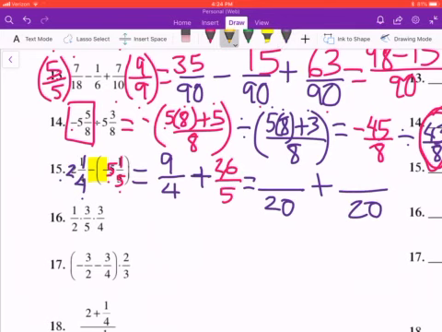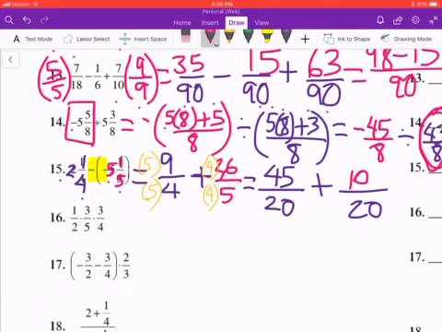We know that our first fraction needs to be multiplied by 5 over 5. So that will give me 45 over 20. My second fraction needs to be multiplied by 4 over 4. 26 multiplied by 4 is 104.